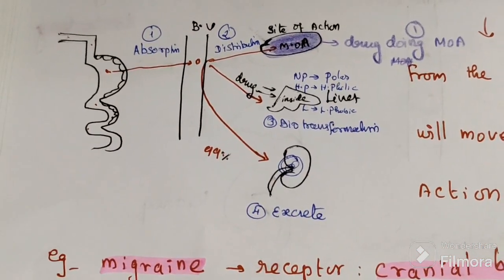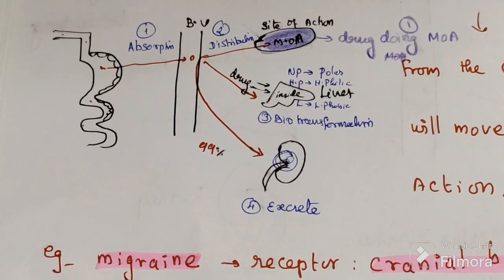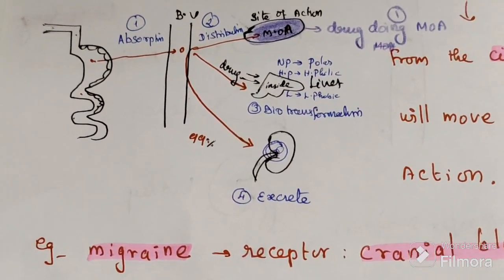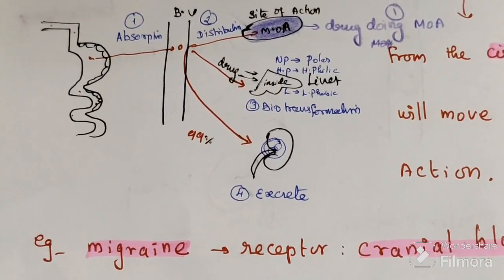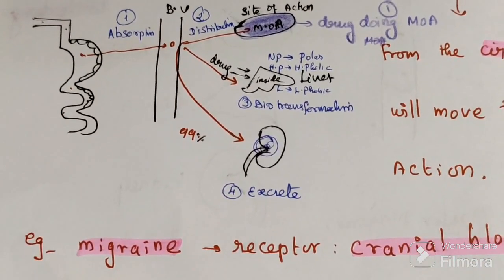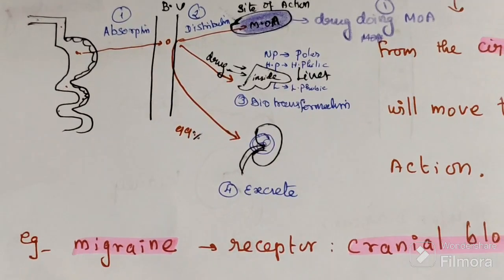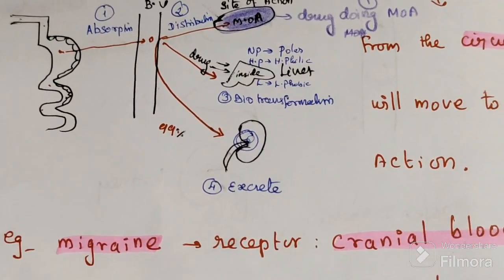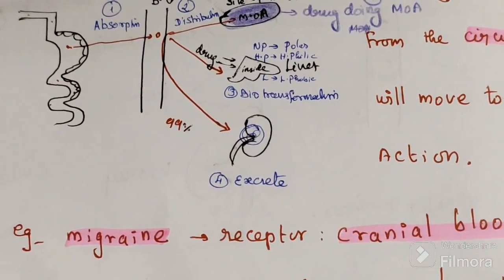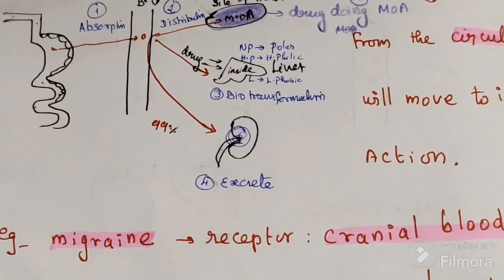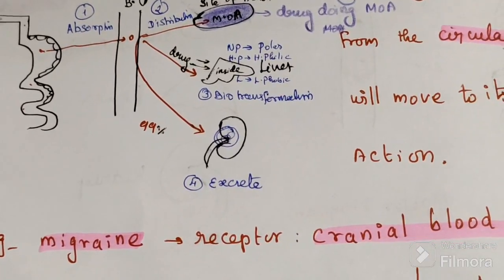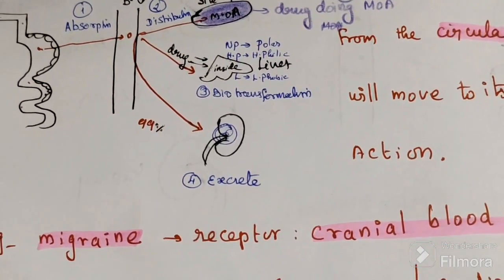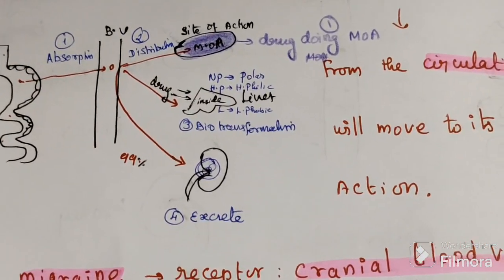The drugs are excreted in urine, but the pH of urine can be changed. So for excretion, opposite medium is required. If you want to excrete acidic drugs, make the urine basic; if we want to excrete basic drugs, make the urine acidic.